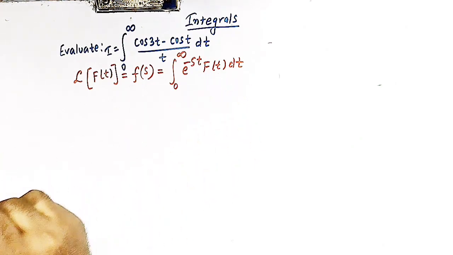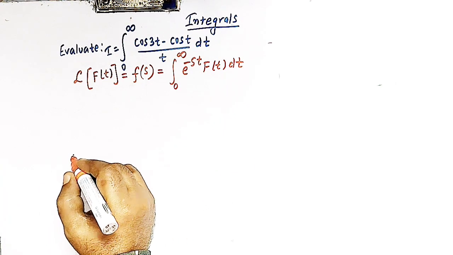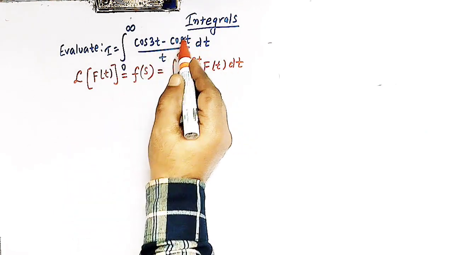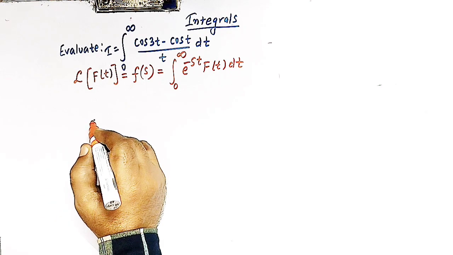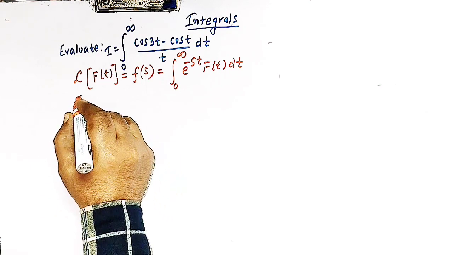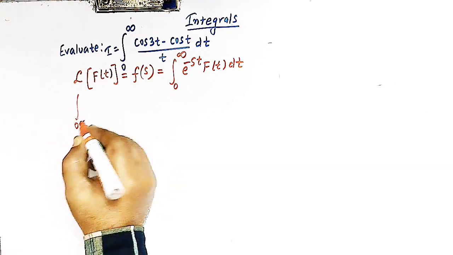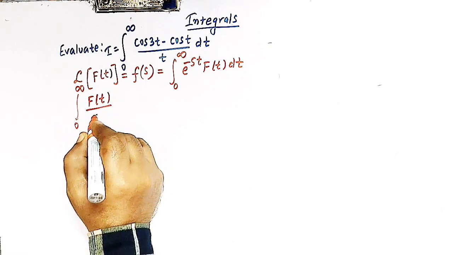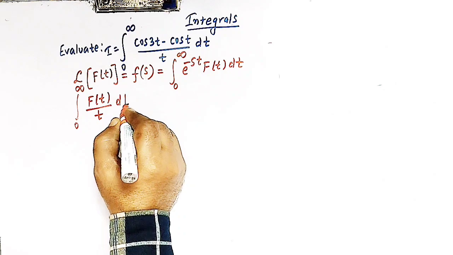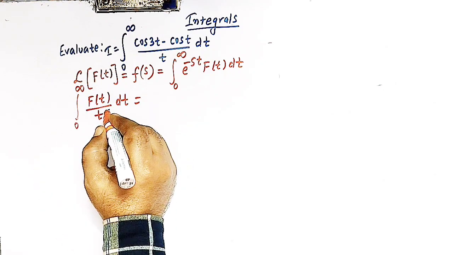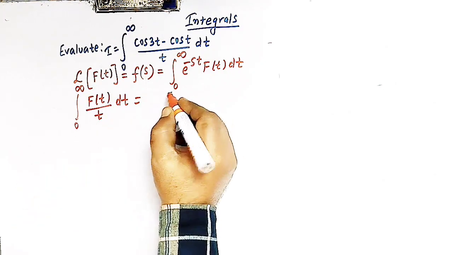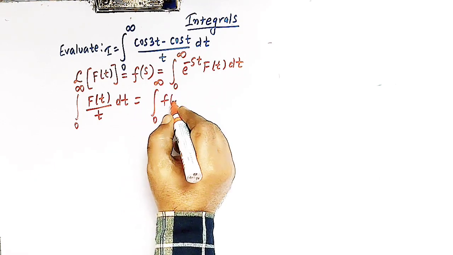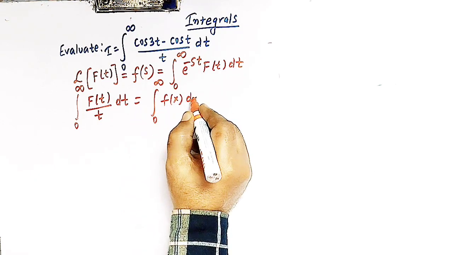Now we have a very important property of Laplace transform, which helps us to evaluate integrals of this type. That is, if we have the integral 0 to infinity of F of t divided by t dt, then this integral is equal to the integral 0 to infinity of f of x dx.